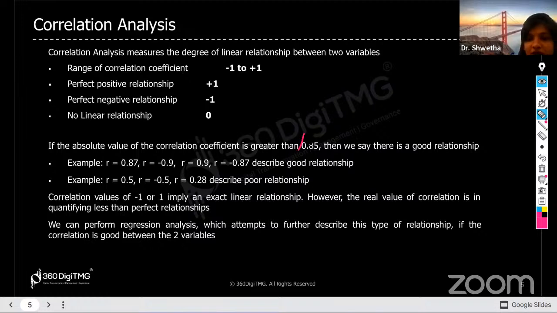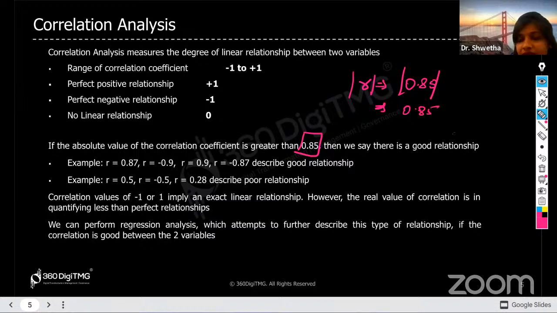If the absolute value of r, when we say absolute, we are taking the positive values only, is greater than 0.85, then it is a good relationship.